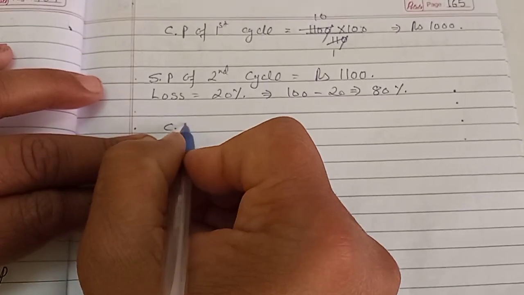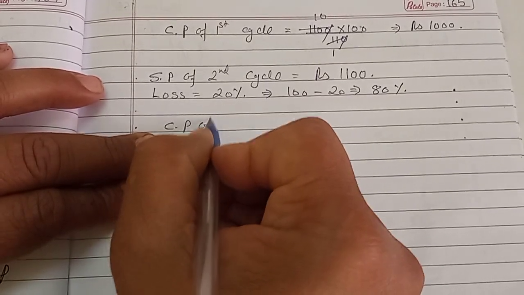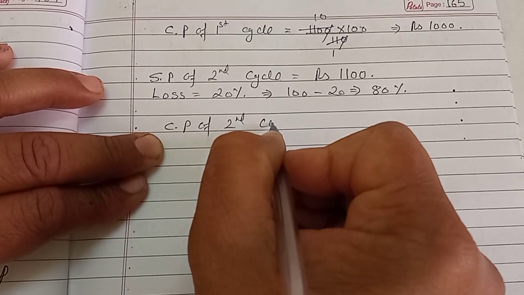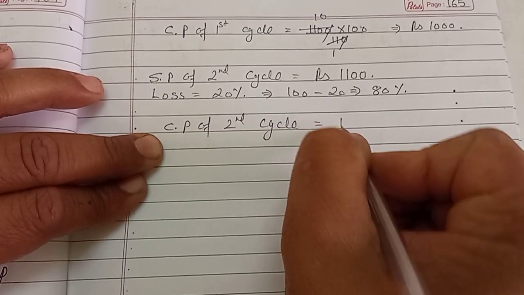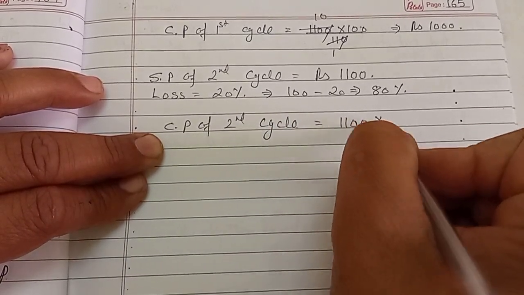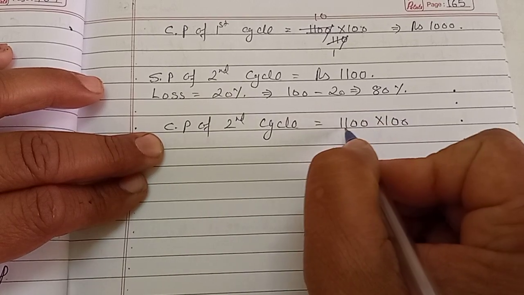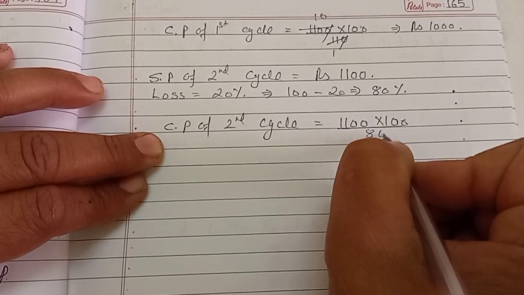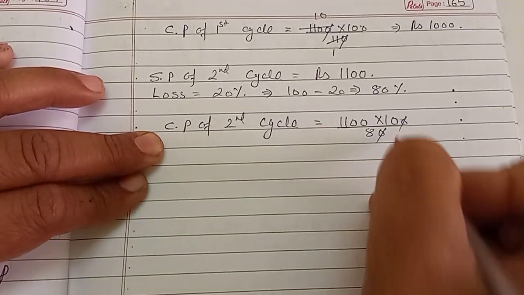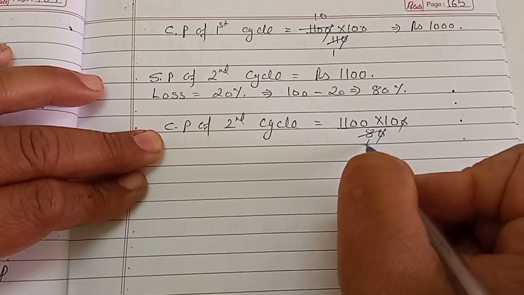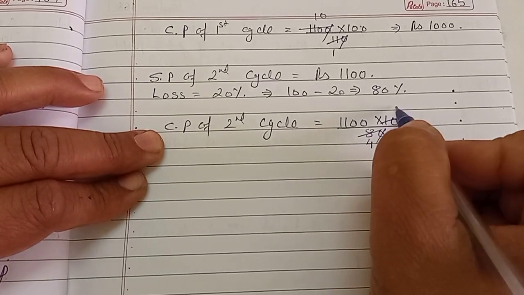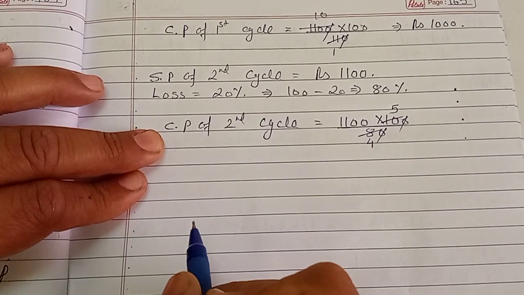Same, cost price of the second cycle equals 1100 into 100 upon 80. Cancel this 0, 0 with the table of 2. 2 4s are 8, 2 5s are 10.